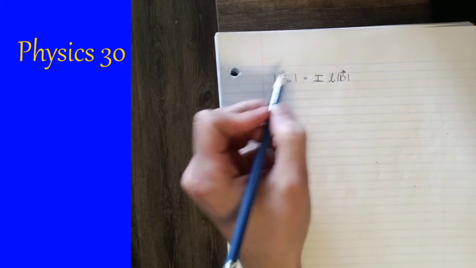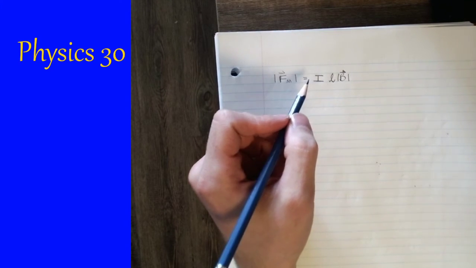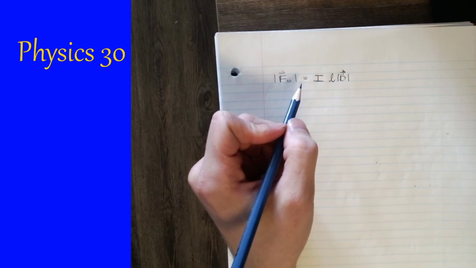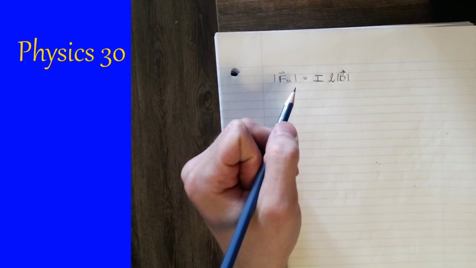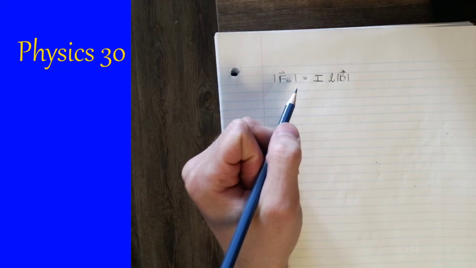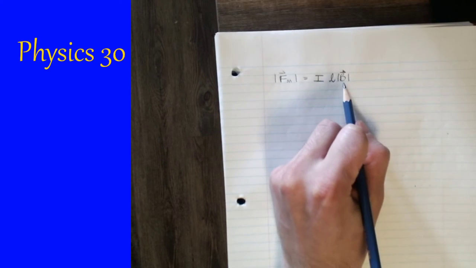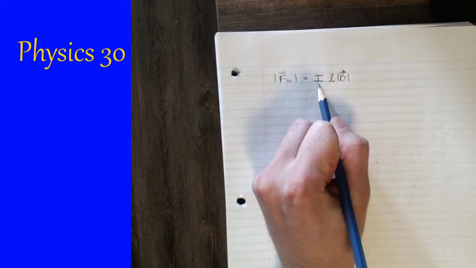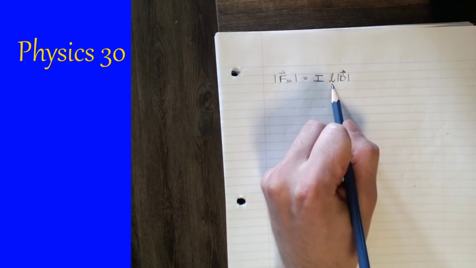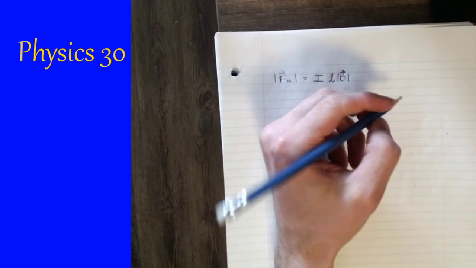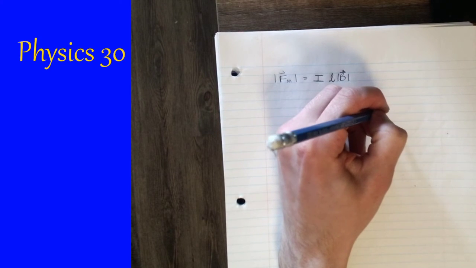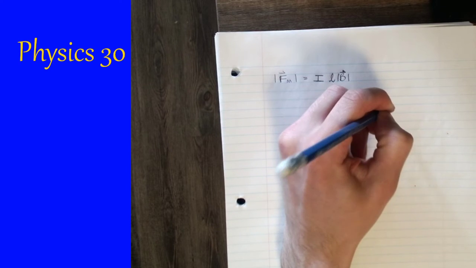So that would be how much force a wire would experience if placed into a magnetic field. Depending on the strength of the magnetic field, how much current you force through the wire, and the length of the wire itself. So, for example, this is where the circuits come into play.